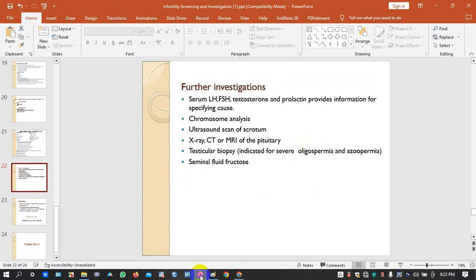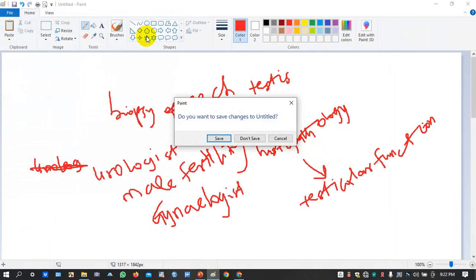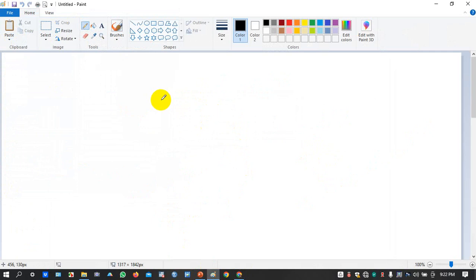You go and do IVF, in vitro fertilization, or IUI, intrauterine insemination, or intracytoplasmic injection, which is also called ICSI.